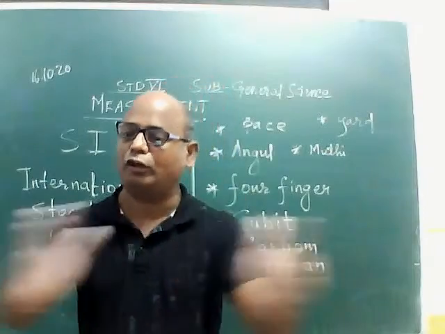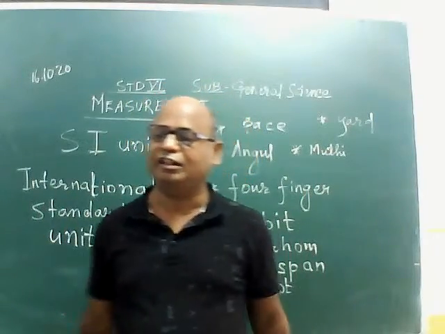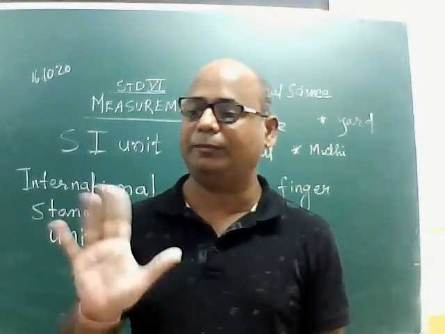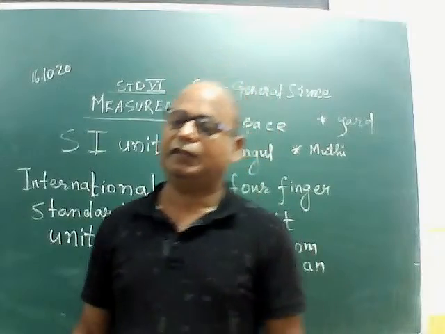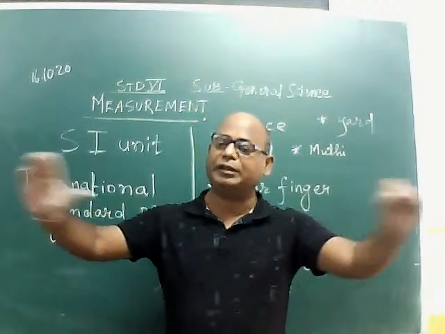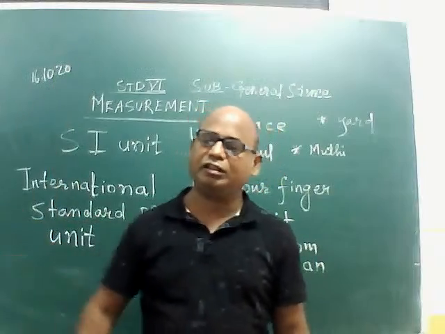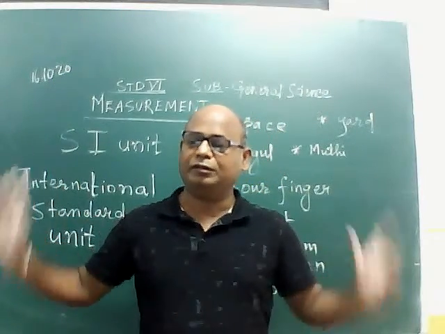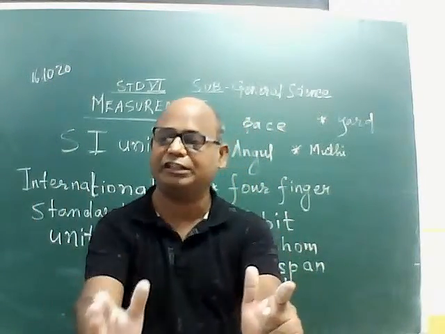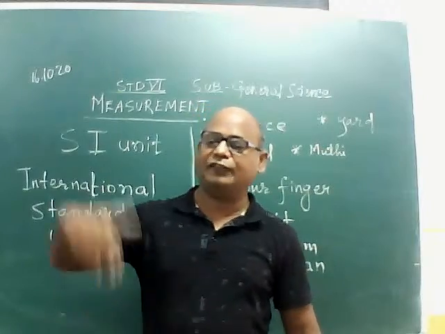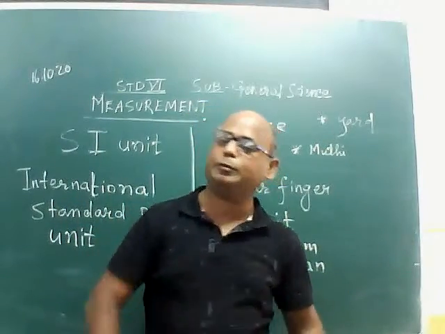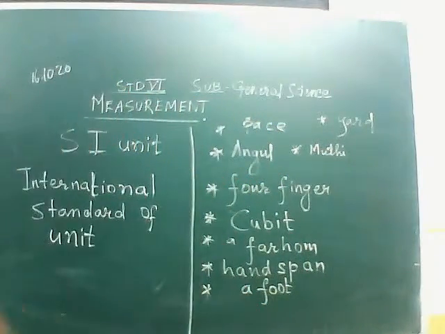For example, for length, they decided meter will be the SI unit. Whether it is 100 meter or 1000 meter, all will be compared with the meter. Afterwards, multiples and sub-multiples of SI units were discovered.